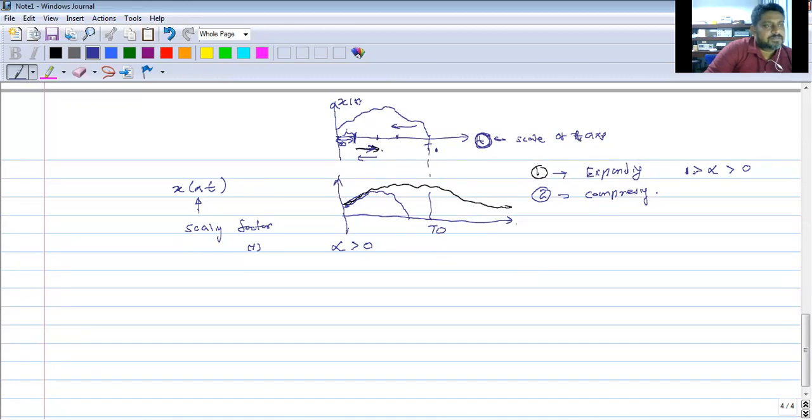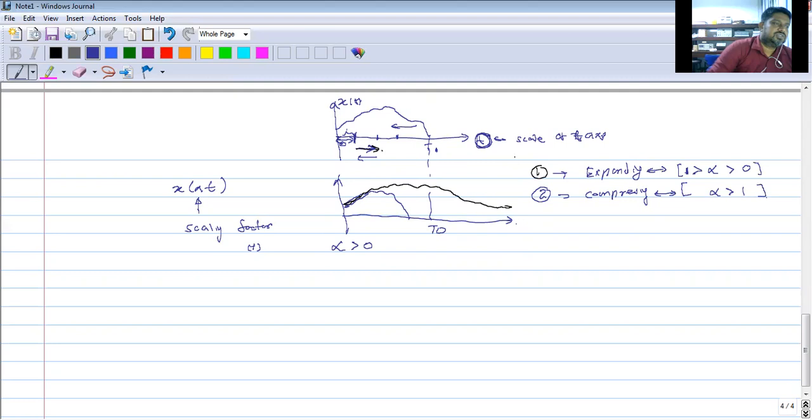If it is such a number, it is corresponding to time expanding. And if it is greater than 1, if this alpha is greater than 1, that is the compressing case.